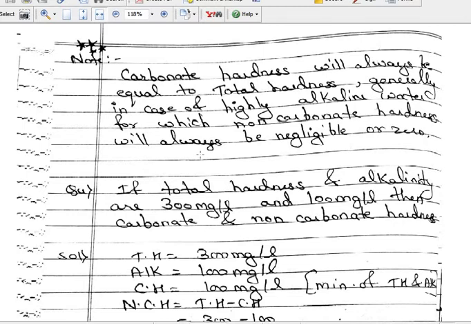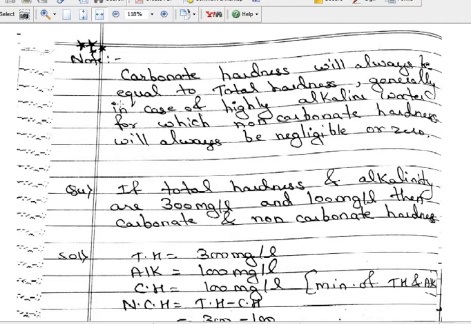So pH 12 means it is really very highly alkaline. When the water sample or any liquid sample is highly alkaline, pH about 11, 12 in that range, then the carbonate hardness becomes equivalent to total hardness, and in that case the non-carbonate hardness becomes 0.